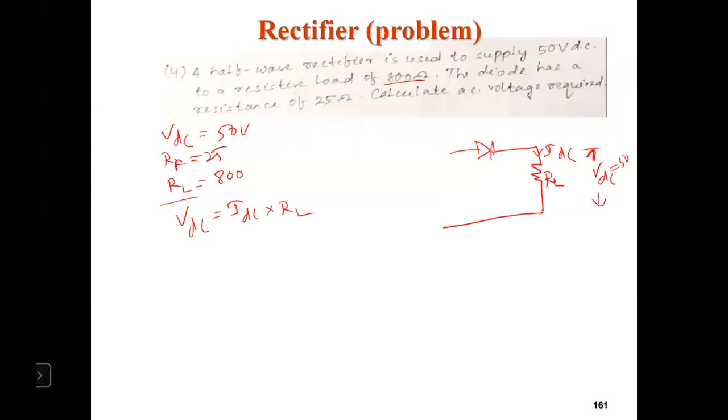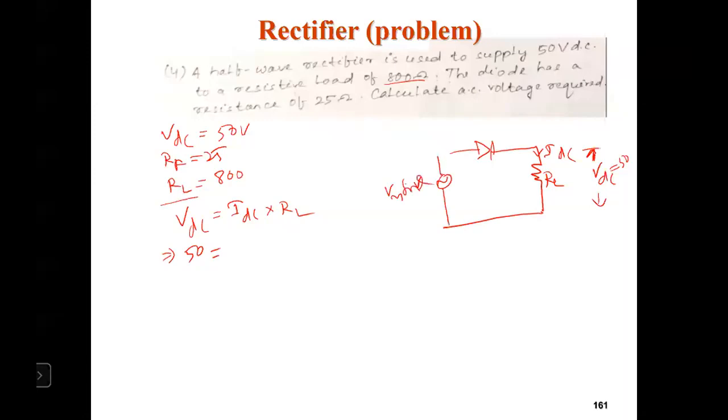So how can you get that voltage? It is equal to IDC into RL. So just put this value here, 50 equal to IDC into RL. But in place of IDC, let us say this one is Vm sin theta.